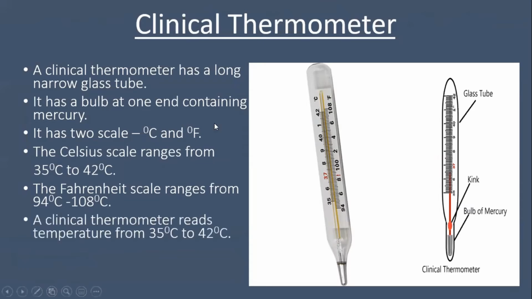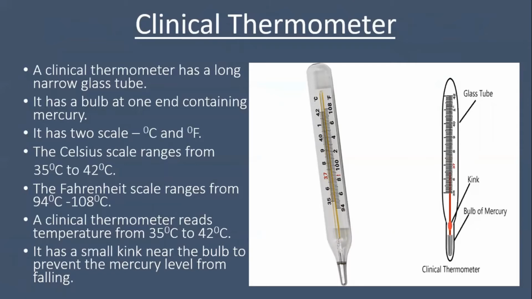A clinical thermometer reads temperature from 35 degrees Celsius to 42 degrees Celsius. What is the reason for this? It is because the temperature of the human body normally does not go below 35 degrees Celsius or above 42 degrees Celsius.